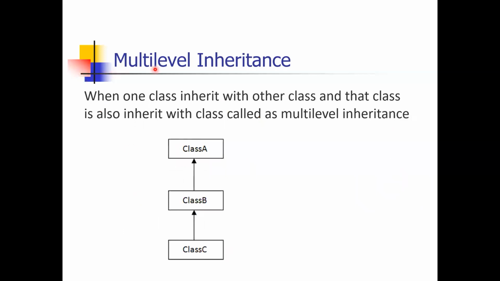Next is multilevel inheritance. Multilevel means not only one level; we can add levels. When one class inherits from another class that also inherits from a class, that is multilevel inheritance. Like we can say grandparent, then parent, then child.